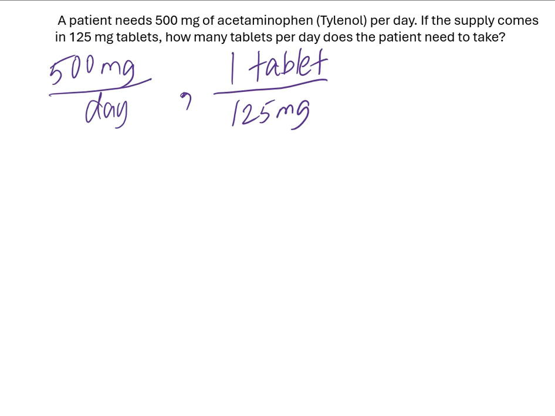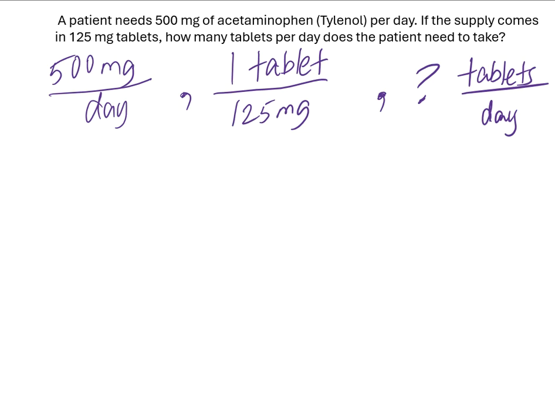The question asks, how many tablets per day would the person need to take? So we don't know, but we know we're trying to figure out the number of tablets per day. Now, when you're completing the dosage calculation, again, it's basically a dimensional analysis. Just as with dimensional analysis, you're starting with some given and you're trying to convert it to an unknown.